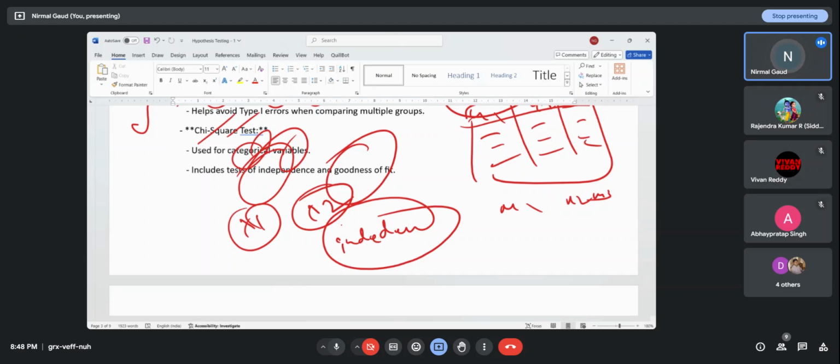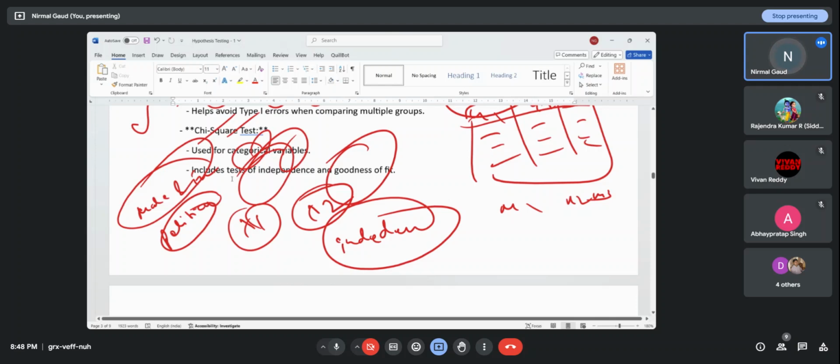Okay, and the problem statement which we did in the previous class was based upon male and female and their political opinion, to which political party they are supporting. So in that regard, we have done chi square.